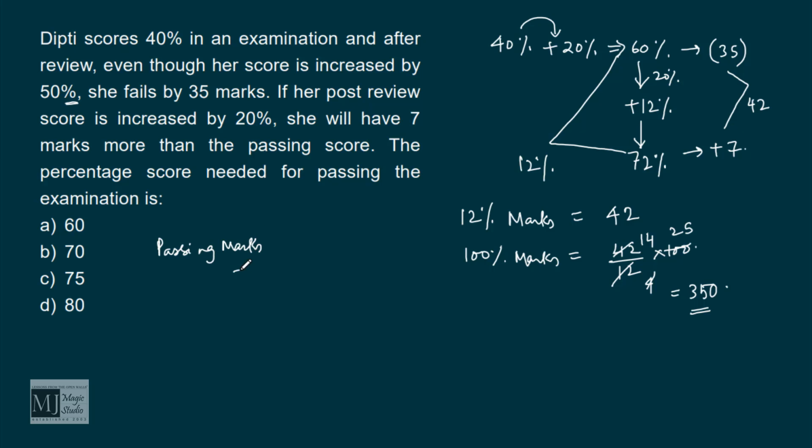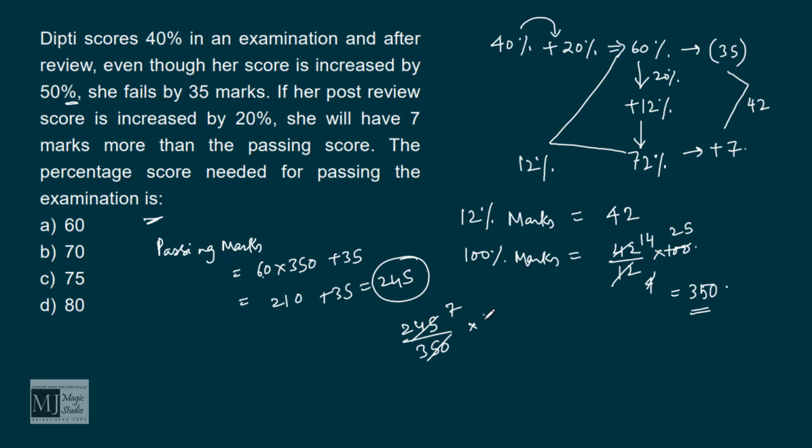Passing marks would be 60% of 350 plus 35, isn't it? So 210 plus 35 is 245, the passing marks. Now the question, the percentage score needed for passing the examination is 245 by 350, that is 70%.